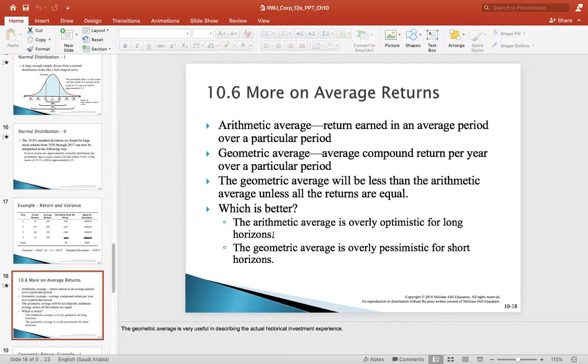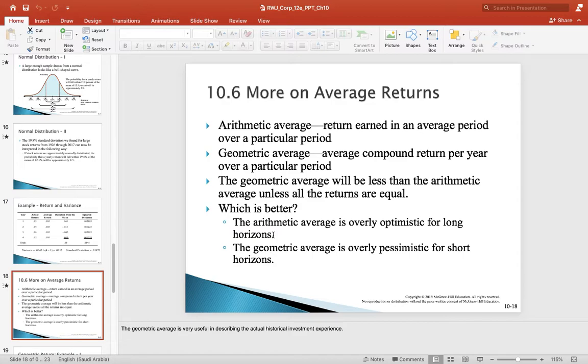That means it is a compounded average. In an arithmetic average, it was a simple average: 3 years' returns added, divided by 3. But in the geometric average, the same averaging is done on compounding returns.